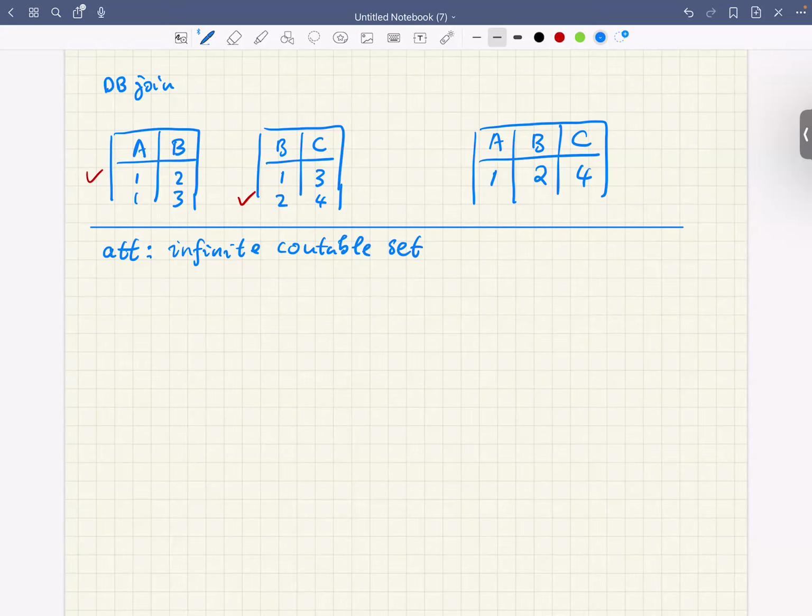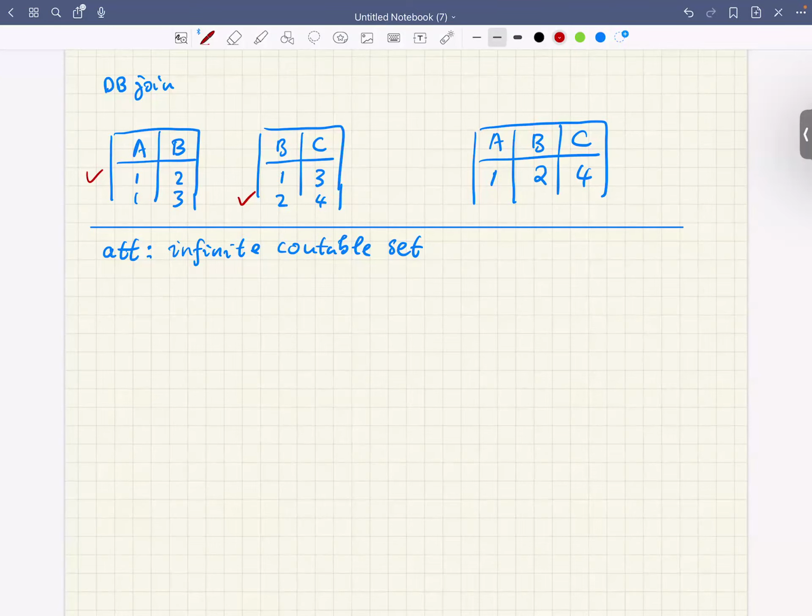This can be any set. I don't really care what the set is. If you want, you can use, for example, the integer domain. That's perfectly fine. However, the elements of this ATT set will be referred to as attributes.